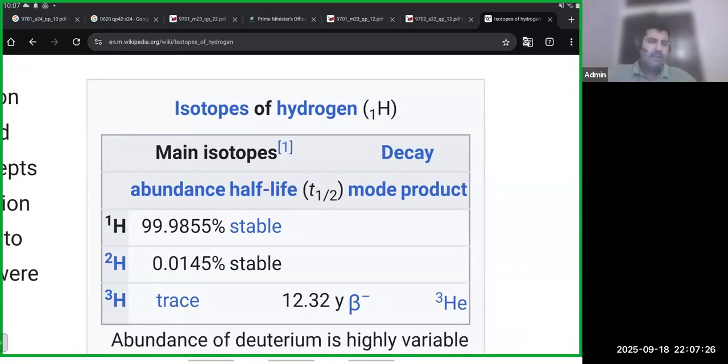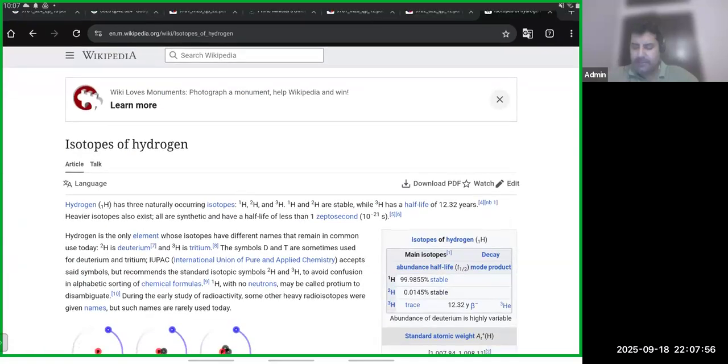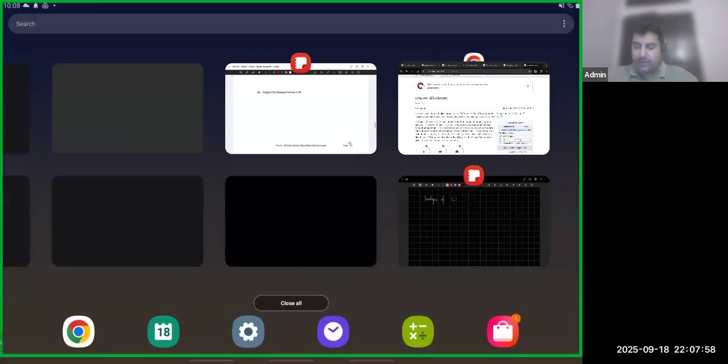For example, this is hydrogen, and then you've got deuterium, which is the one which has one more neutron. Or वो hydrogen 3 जो है ना, that's tritium, right? So the percentage abundance, like 99.9, almost 99% of all hydrogen atoms are hydrogen 1. The other ones you can't really find. Hydrogen 3 जो है ना, वो तो trace है, उसका मतलब है वो तो मिलेगा ही कभी नहीं. So normally atoms have isotopes, but they are not very abundant.